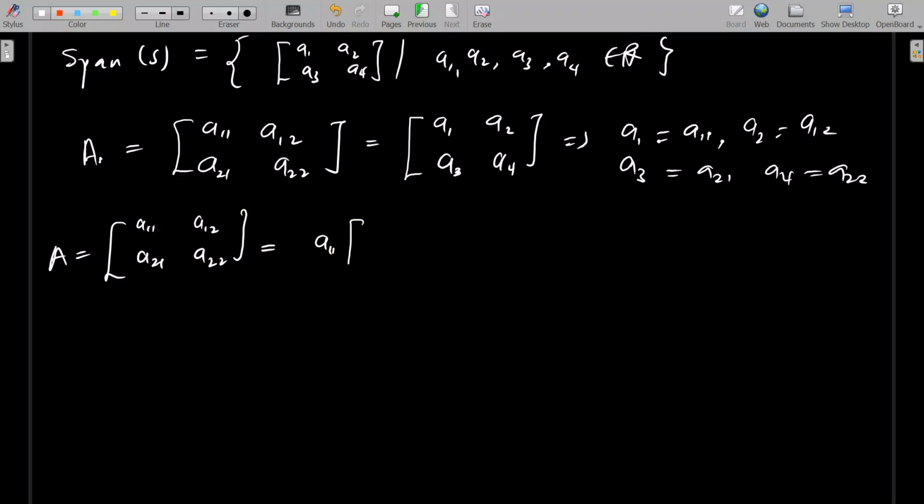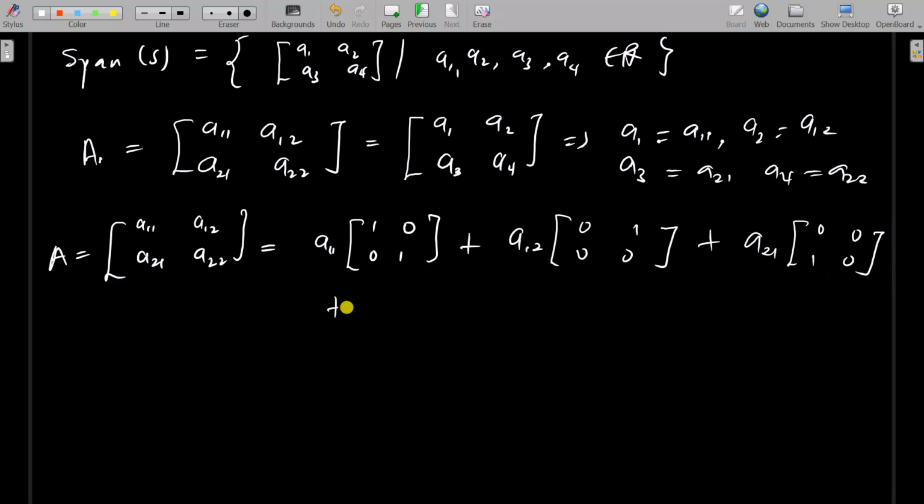So what this whole thing is telling us is that this A that I've picked as a matrix, A11, A12, A21, A22, can be written as A11 into the first matrix, plus A12 into the second matrix, which is 0, 1, 0, 0, plus A21 into 0, 0, 1, 0, plus A22 into 0, 0, 0, 1.